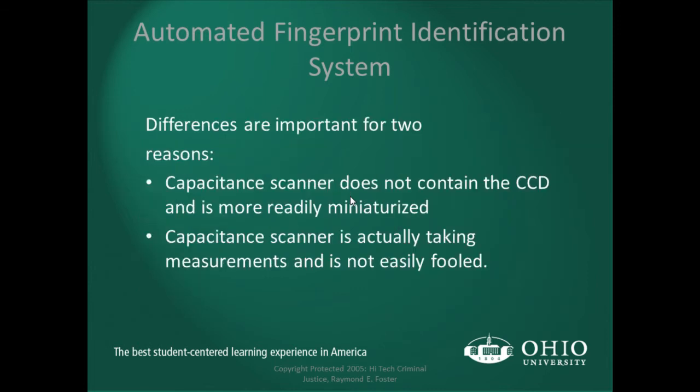The differences are important for two reasons. Capacitive scanners do not contain the CCD and are more readily miniaturized, and a capacitive scanner is actually taking good measurements and is not easily fooled. So those are really the two differences.